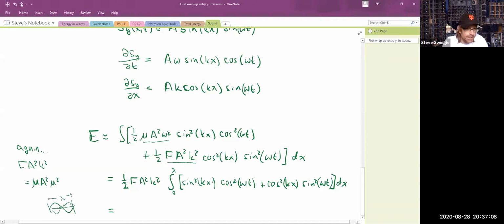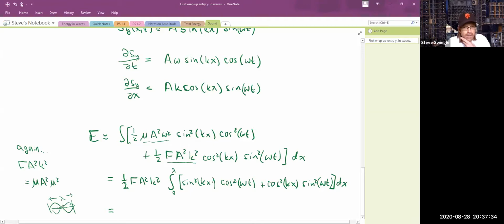I keep forgetting to mention harmonics and standing waves, the sequence and so on. I think I'll get to that in sound more. But the idea is this would be like the second harmonic. There are two antinodes between the one point and the other. If I go over one wavelength, I'm talking about how much total energy there is in the second harmonic. If I just wanted one of these, I would go over half a wavelength.